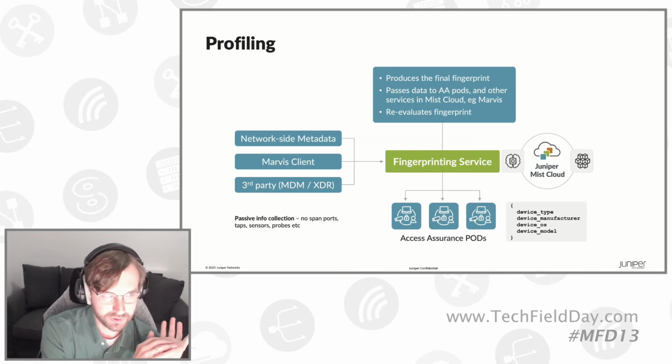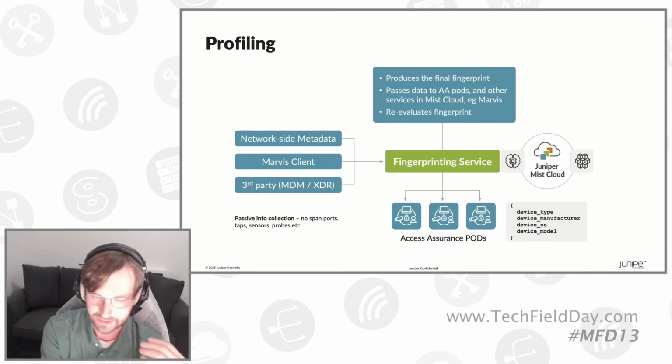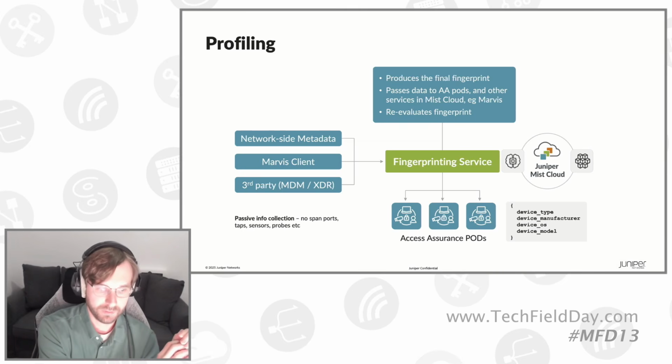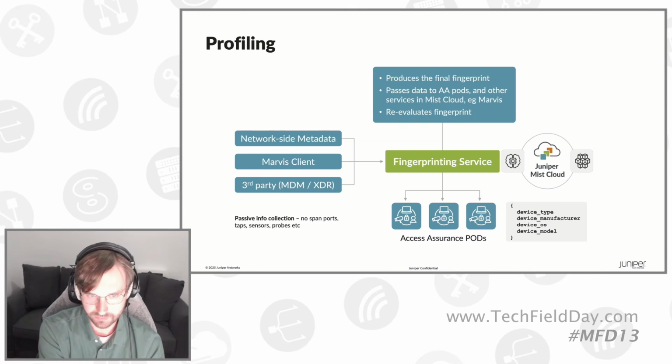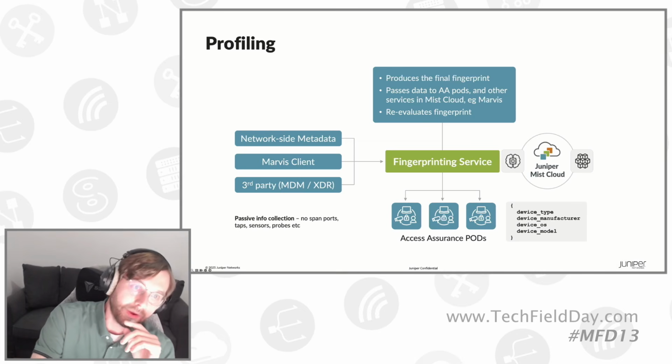And here, what you see is it's completely passive right now. There is no requirement to put any span ports, taps, sensors or probes or anything like that. We get the information from the network inline. That's the important point.